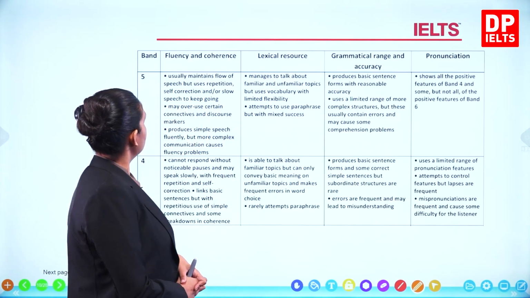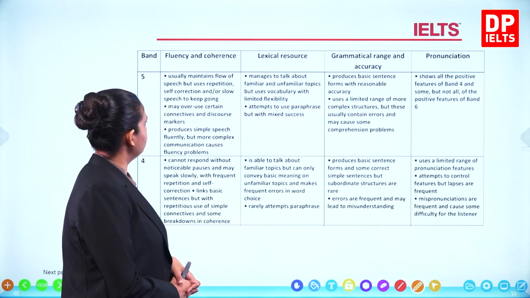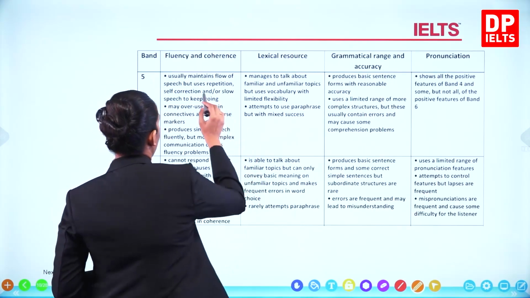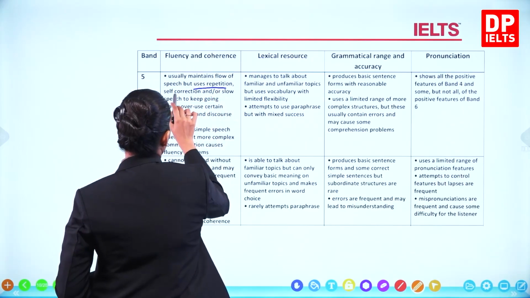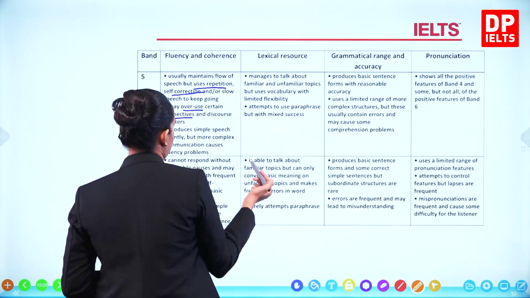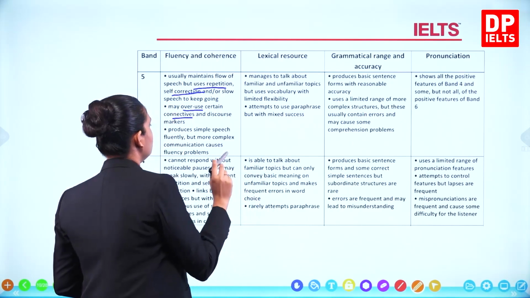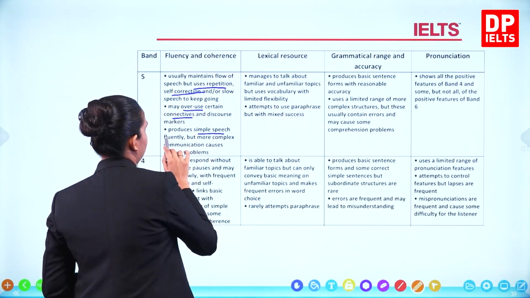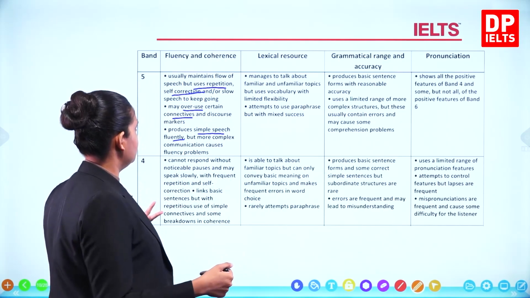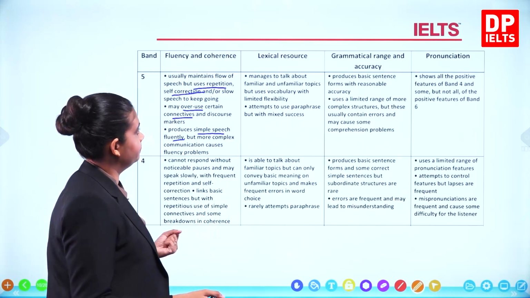Right, so usually if you're having a 5, you maintain the flow of the speech, and you use repetition, you use self-correction. You might overuse certain connectives or discourse markers. You might produce simple speech fluently, and maybe complex ones have a problem in terms of fluency.